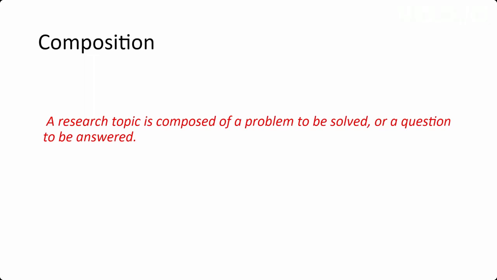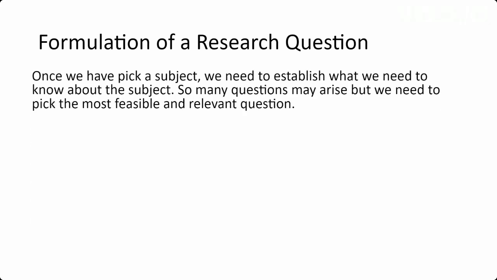So now, speaking of a question to be answered, remember our learning objective is formulating a research question. That research question definitely will lead to a research topic. We are getting into details on that now. So, formulation of research topic: once we have picked our subject, we need to establish what we need to know about that subject.